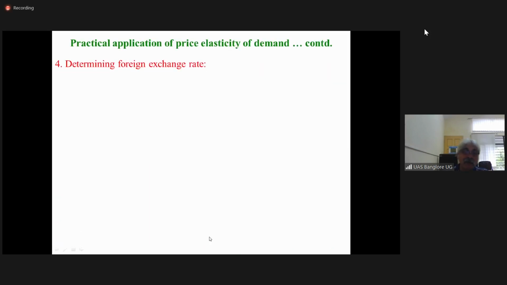Then determining foreign exchange rate. Anyone has an idea as to what is foreign exchange rate? Dipti TL, any idea? Yes, sir. What is foreign exchange rate?